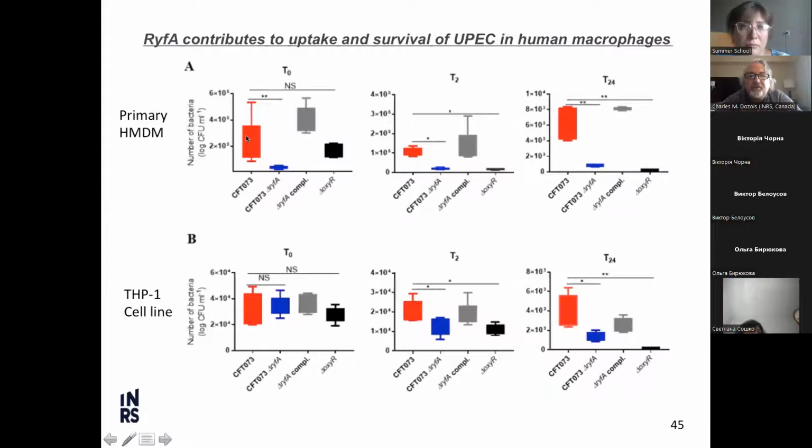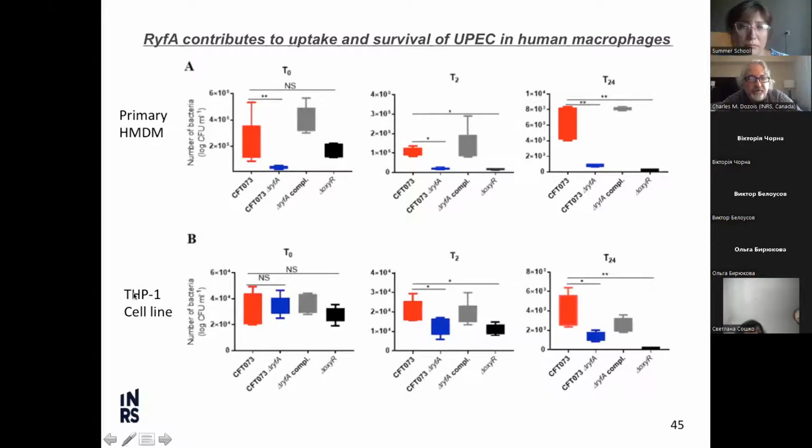What we can see is a drop in its ability to be internalized by the primary monocyte cells, and survival also remains low over time when we incubate these cells. The complementation results in a regain of the ability to be internalized and also to survive in the primary monocytes.